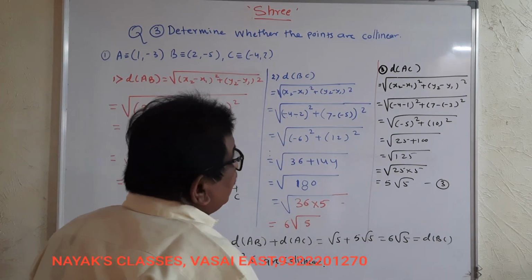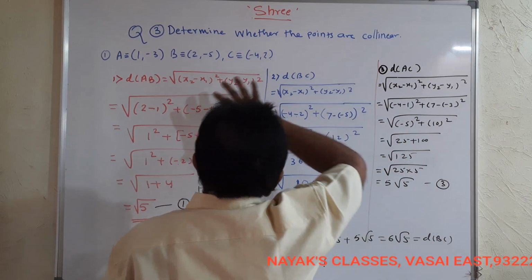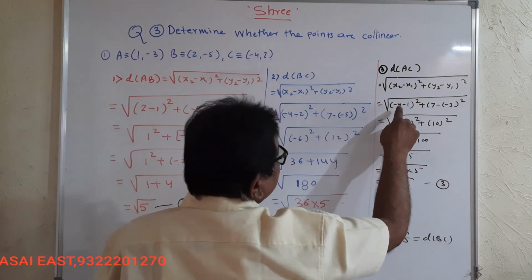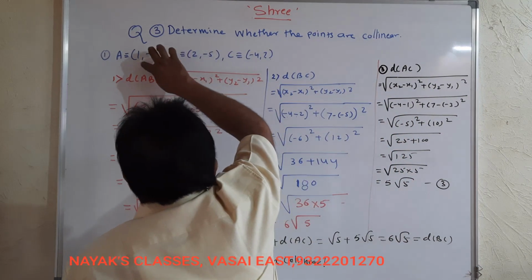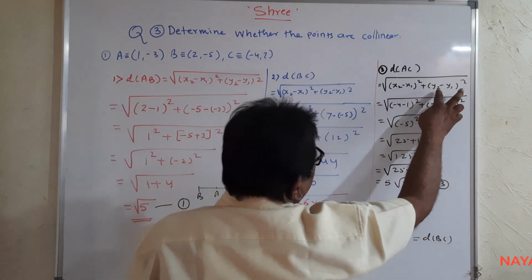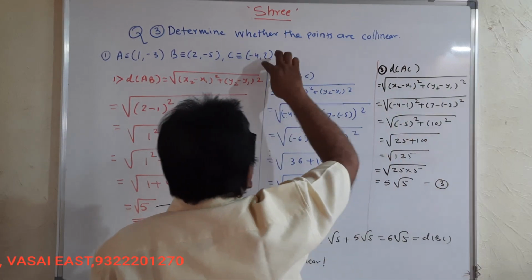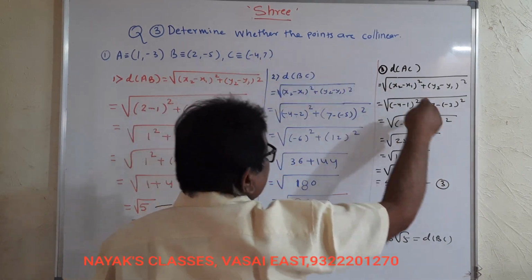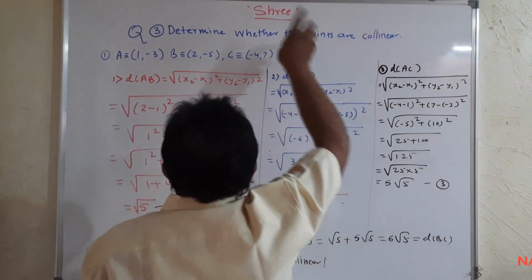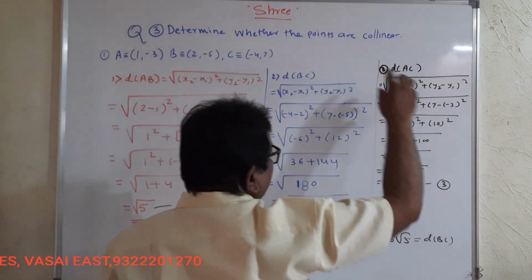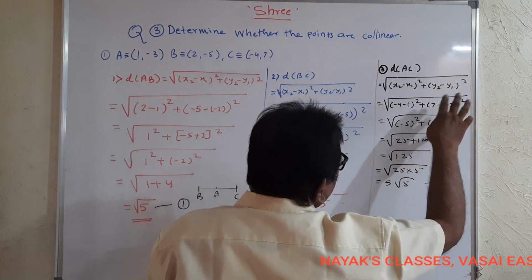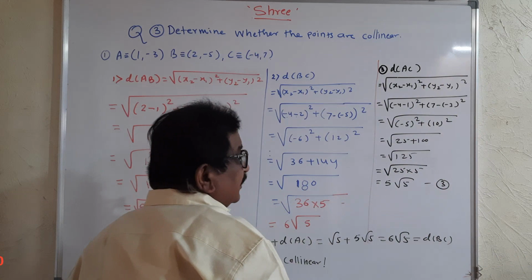By putting those values in the distance formula, x2 is minus 4, x1 is 1, so (minus 4 minus 1) the whole square. Y2 is 7, minus y1 which is minus 3, so (7 plus 3) the whole square.